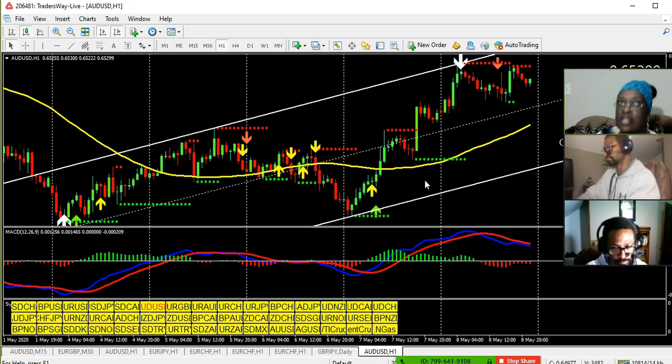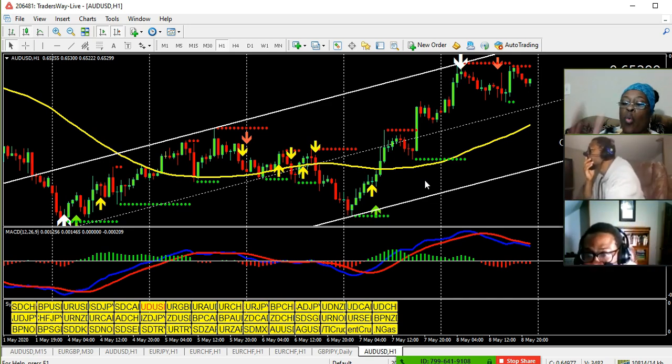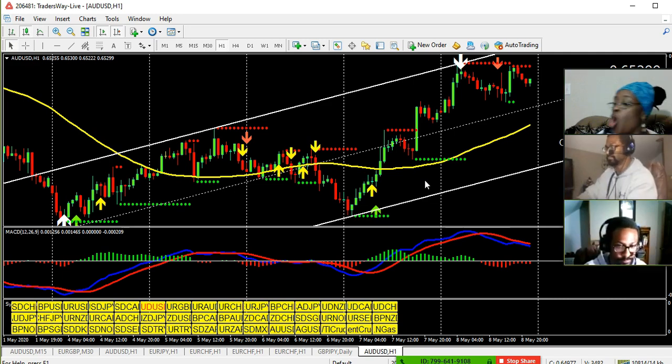It explains what's happening on that lower time frame. And the reason being is because whatever happens on the higher time frame has already taken place on the lower time frame. That's key.